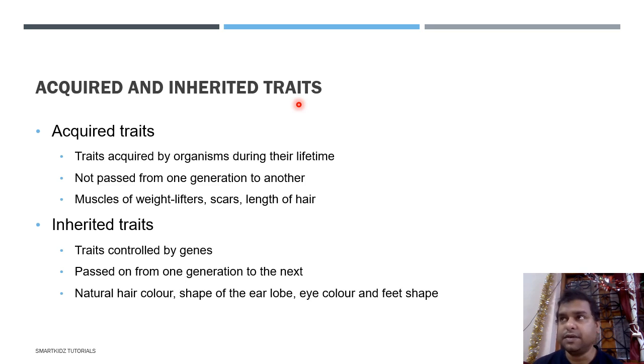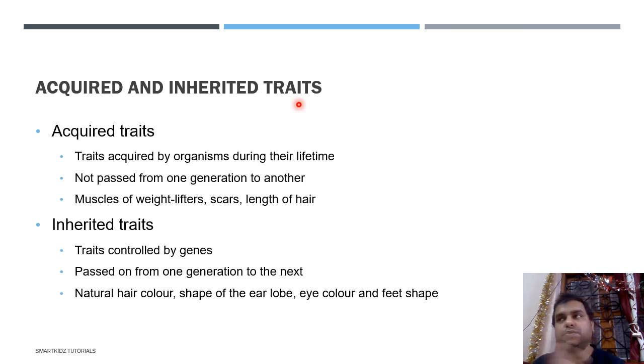Examples are hair color, shape of the earlobe, eye color, feet shape, and so on. Acquired traits are those that we gain over our lifetime, like learning to ride a bike, or learning to play a guitar or any musical instrument.